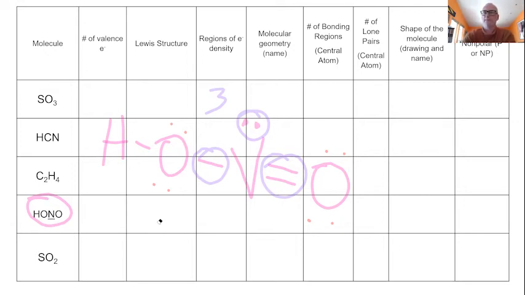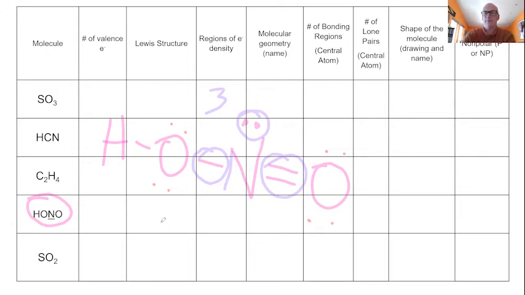So the shape, would this be a polar or a non-polar molecule? Polar. Yes, it's polar as hell because you got lone pairs all over the place.